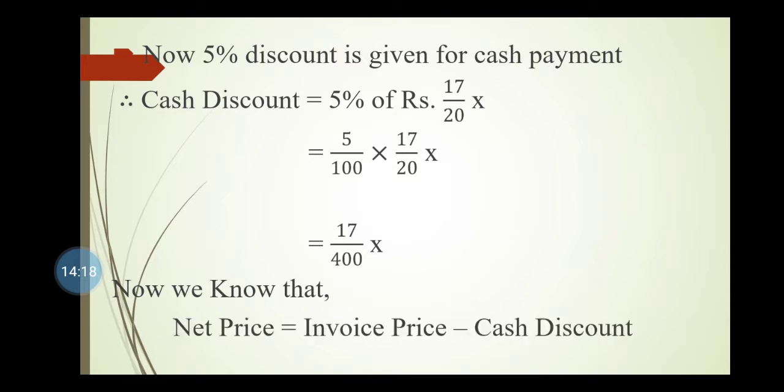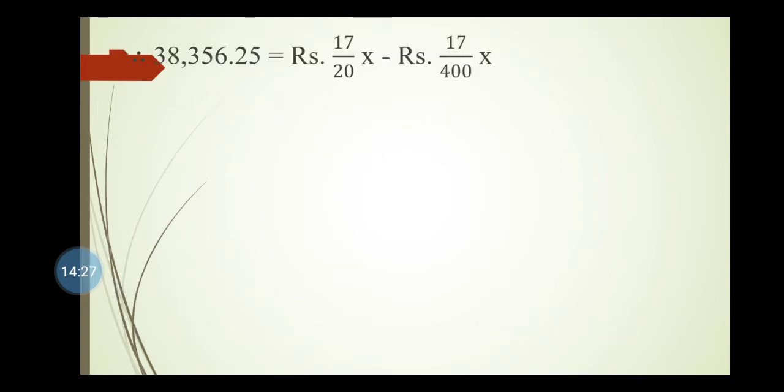Now we know that net price equals invoice price minus cash discount. Net price is equal to what? Invoice price minus cash discount. Invoice price is 17 upon 20x and cash discount is rupees 17 upon 400x, and this net price is given in the question.